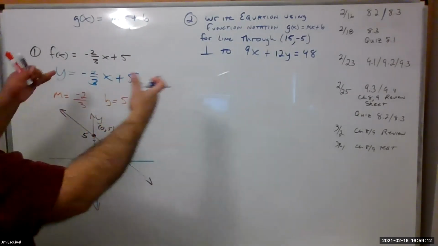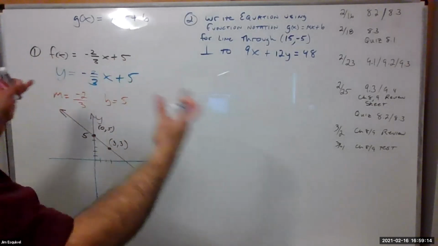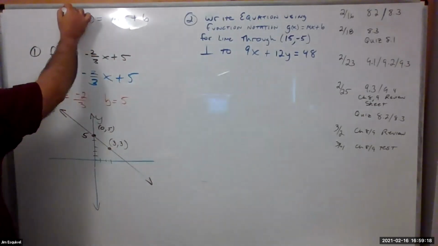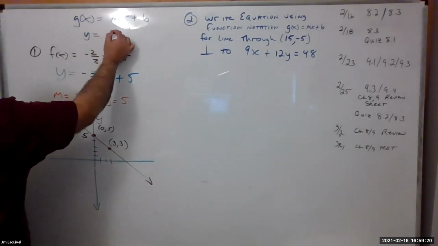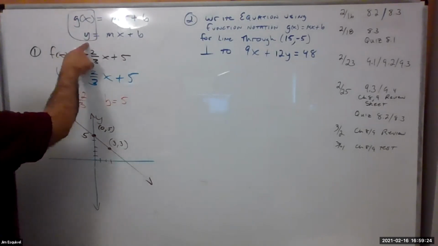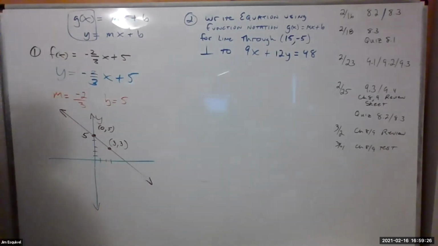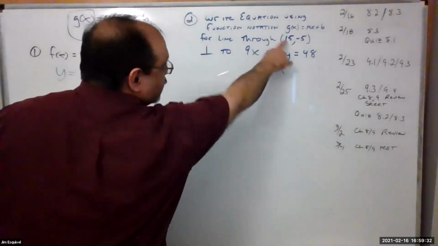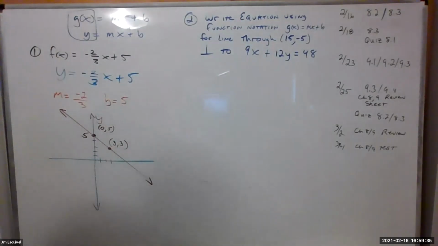You're still going to find it in terms of slope-intercept form, y equals mx plus b, but at the very end, you're going to replace y with g of x. That's all. Perpendicular to this line, and it goes through the point 15, -5.